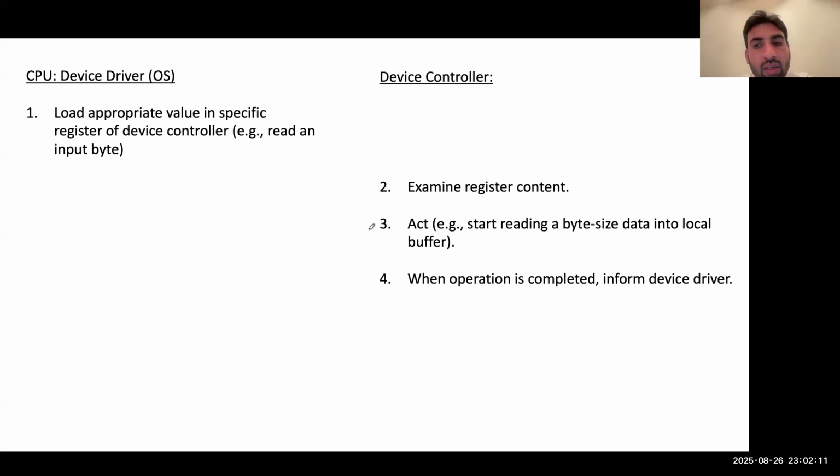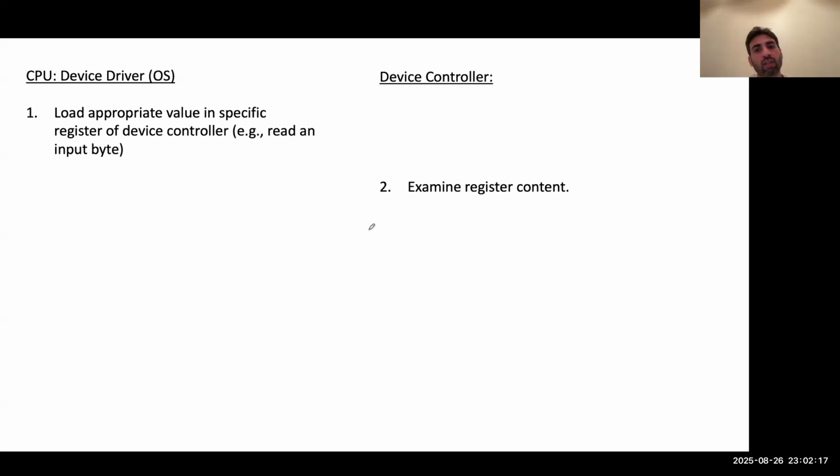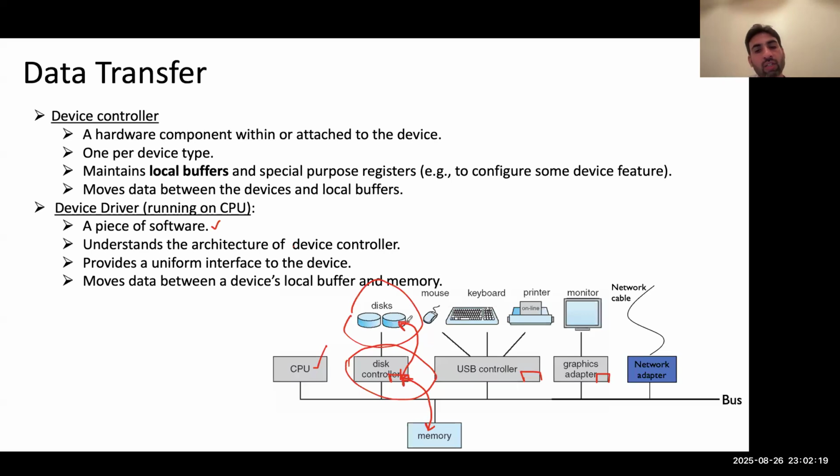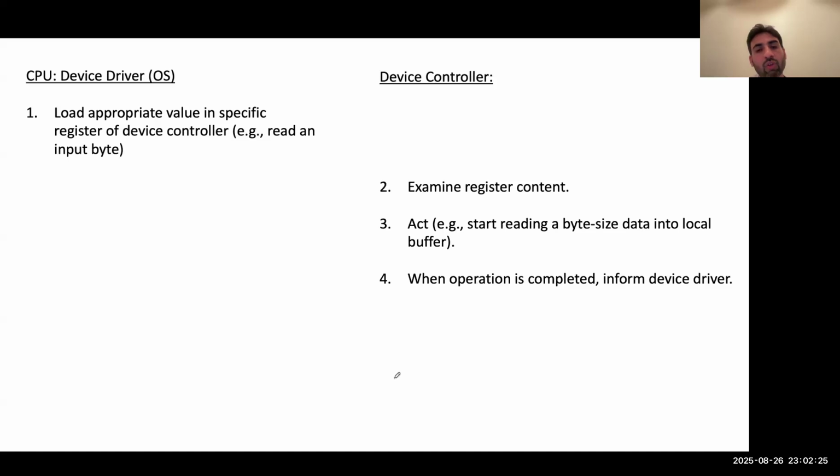When the operation is complete, for example, when it is done reading 1 byte of data from disk into the local buffer, it goes to step 4, where it informs the device driver.